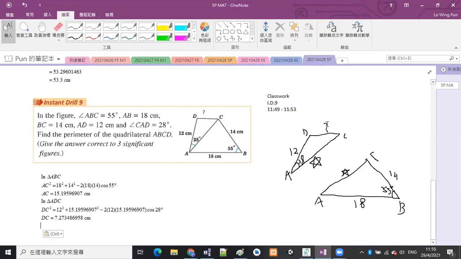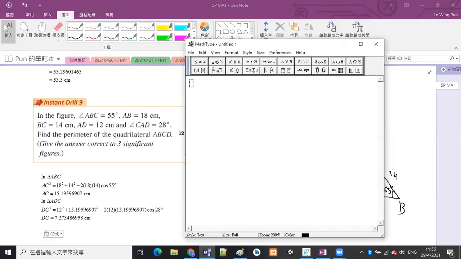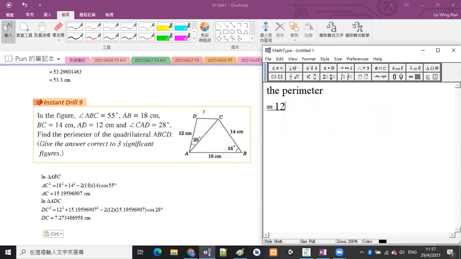So we can find the perimeter. The perimeter is equal to the sum of all the four sides. That should be 12 plus 18 plus 14 plus 7.273486958, and that should be equal to 51.273486958.